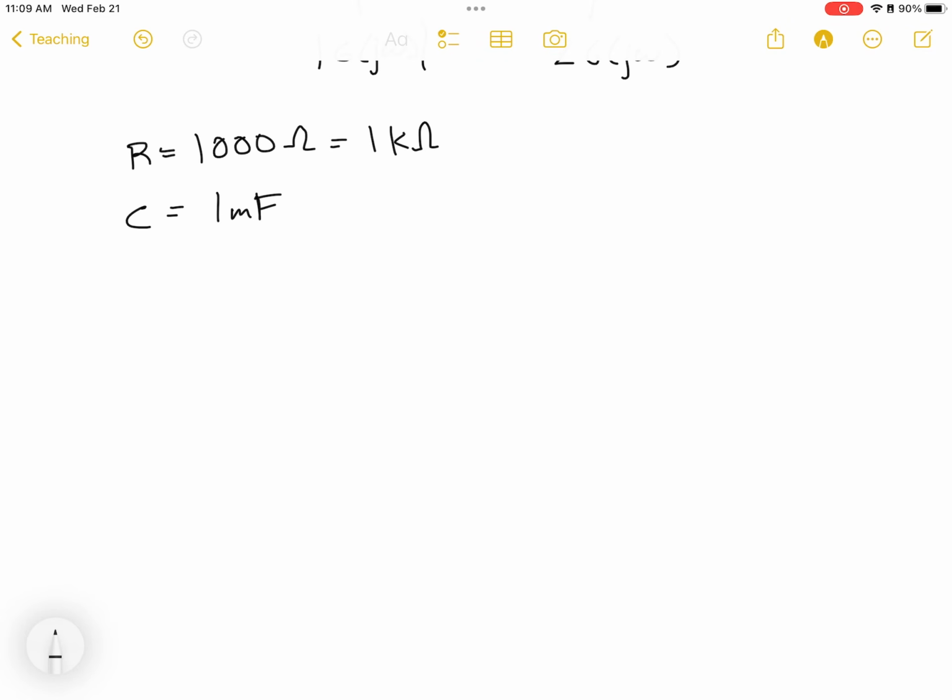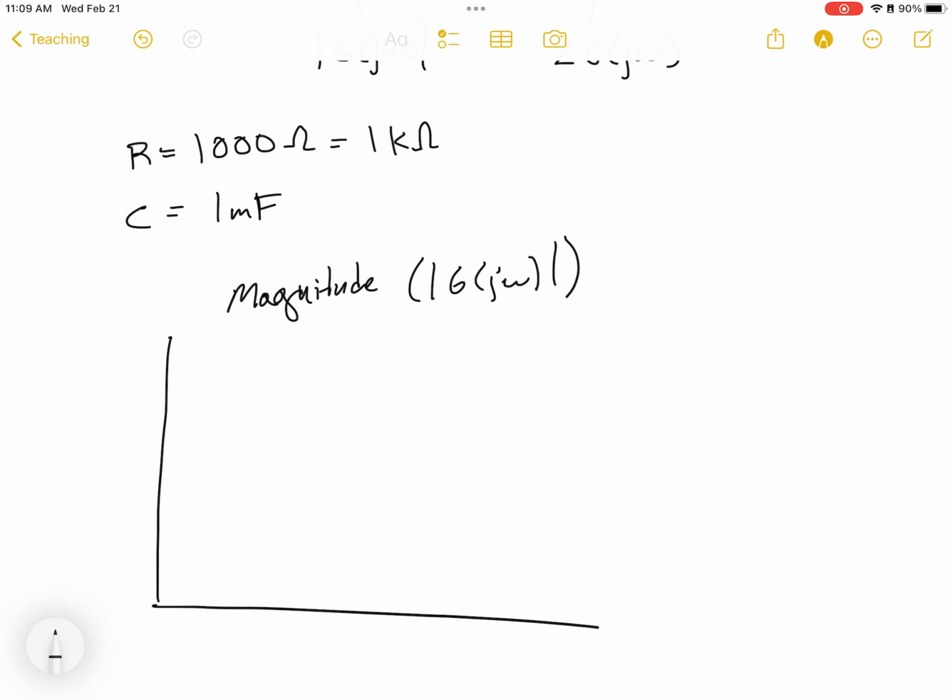So the magnitude of G of J omega is a plot that looks like this, where it's on a log scale.